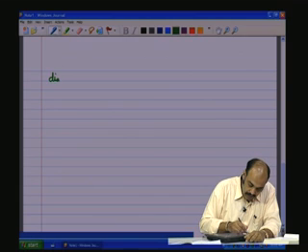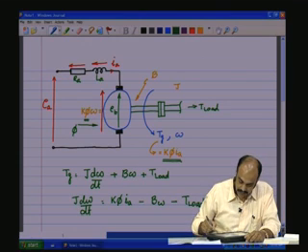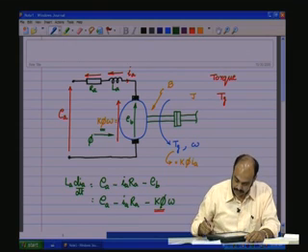dIA by dt equals EA by LA, RA by LA into IA, and K phi by LA into omega.